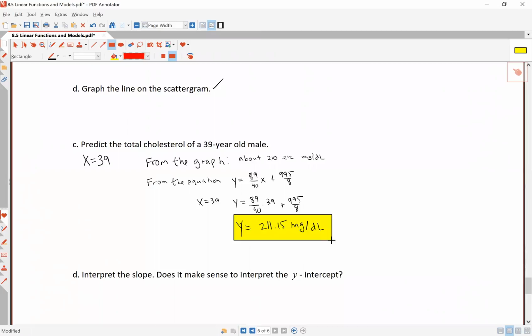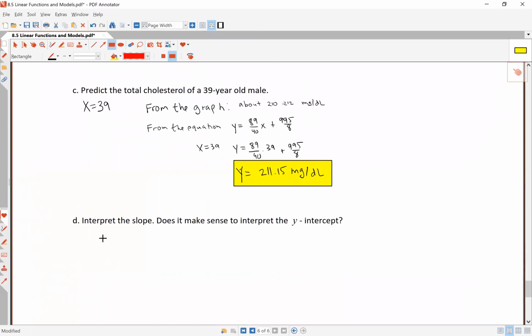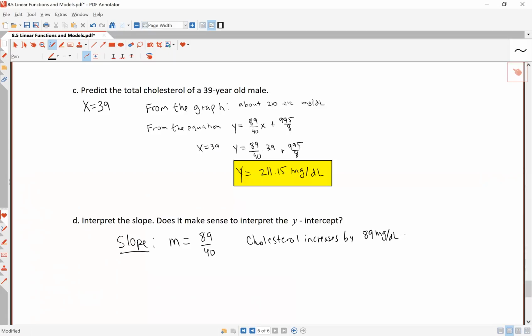Letter D, interpret the slope. Does it make sense to interpret the y-intercept? Interpret the slope. The slope is 89/40, so cholesterol increases by 89 milligrams per deciliter as the male gets 40 years older.